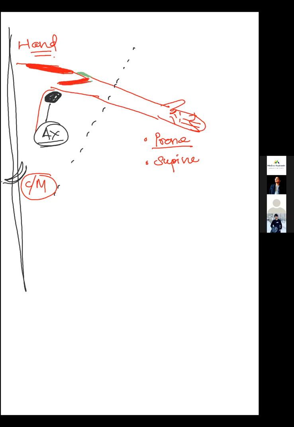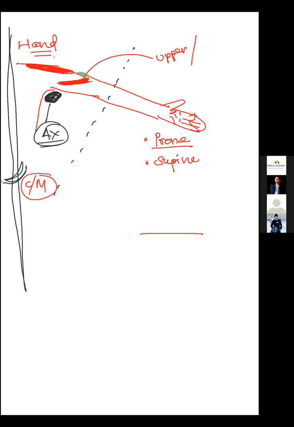So the visible part will be always the upper one. Anyone can guess which kind of nerve will be there, available over the surface? Brachial nerve? No, brachial nerves are found on the inner side.